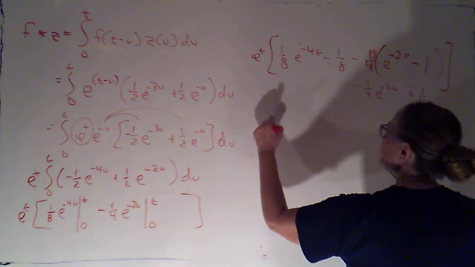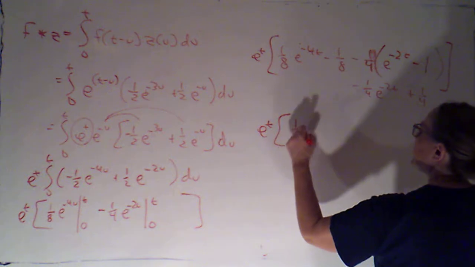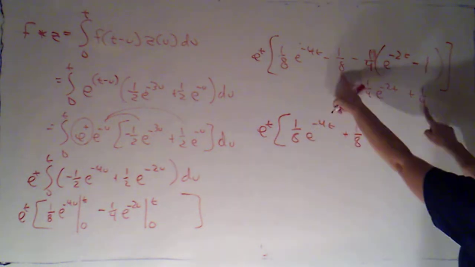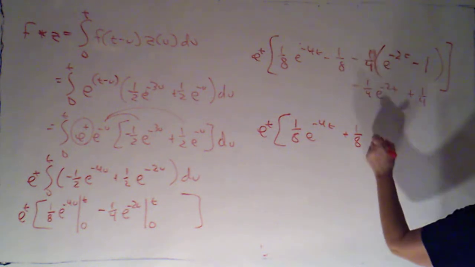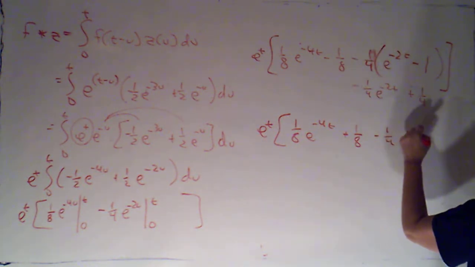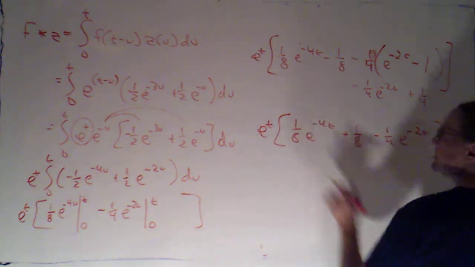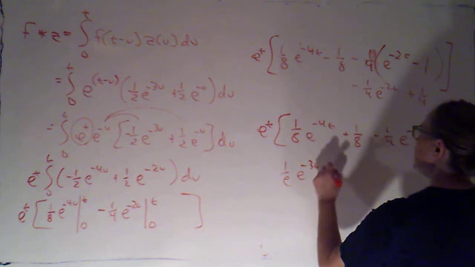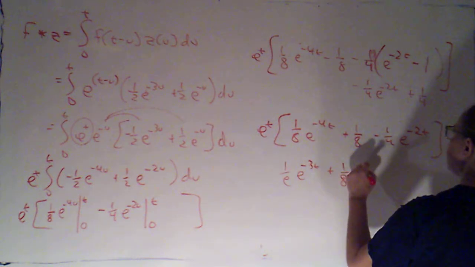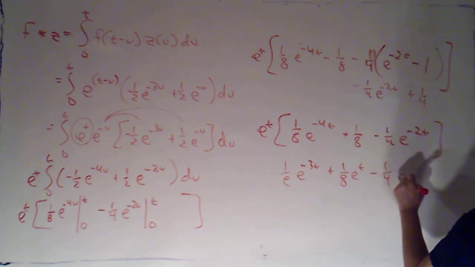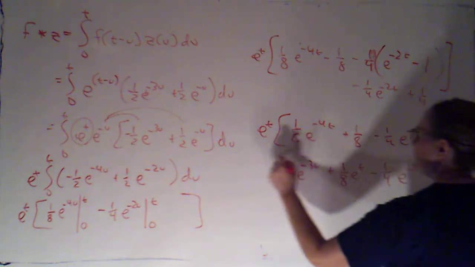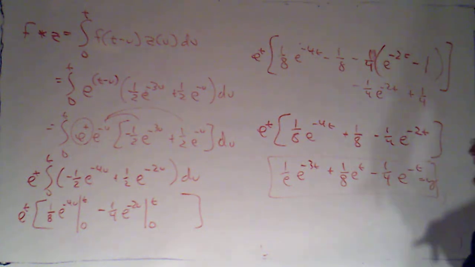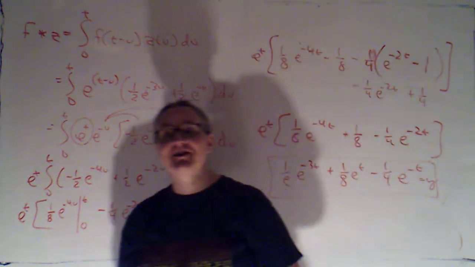So I'm going to have e to the t times 1/8 e to the negative 4t plus 1/8, that's the sum of those two constants, minus 1/4 e to the negative 2t. And now let's just distribute that e to the t. So 1/8 e to the negative 3t plus 1/8 e to the t minus 1/4 e to the negative t. So that's going to be my y. That was my solution when the forcing function is e to the t.